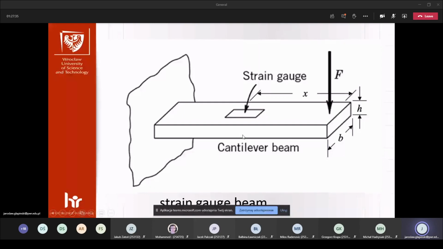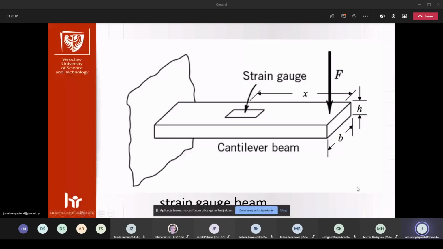We either place strain gauges that are just for temperature compensation, or we glue four strain gauges on the beam to have 4 times more signal on the Wheatstone bridge.